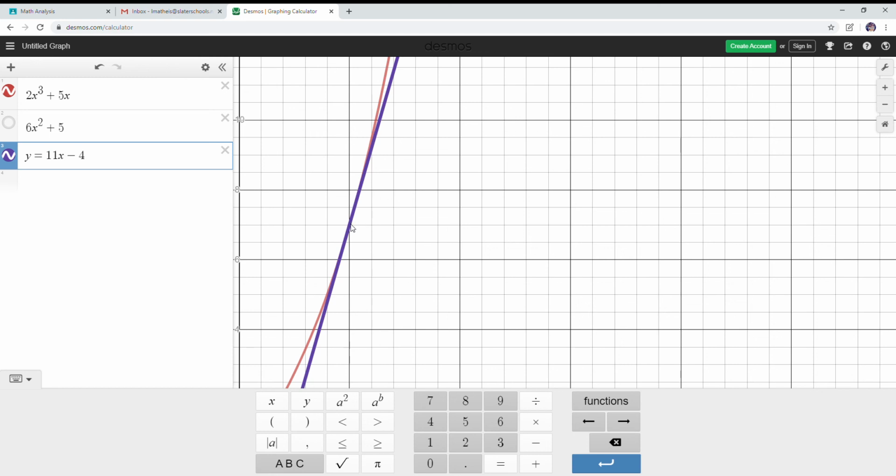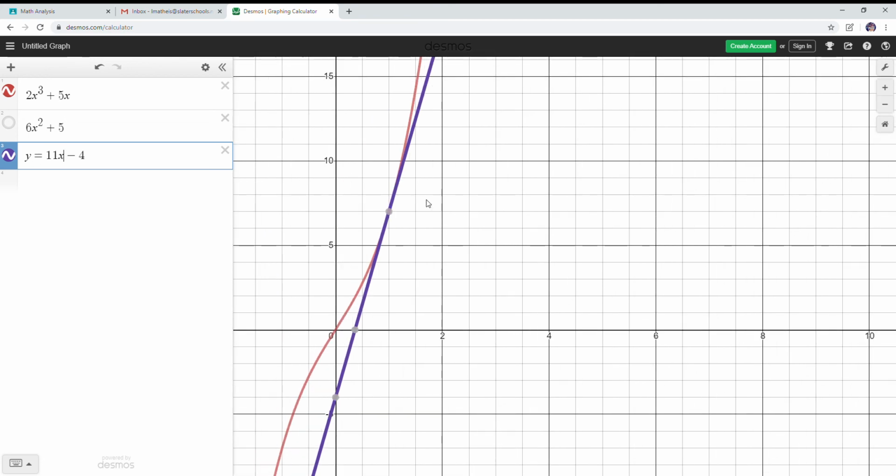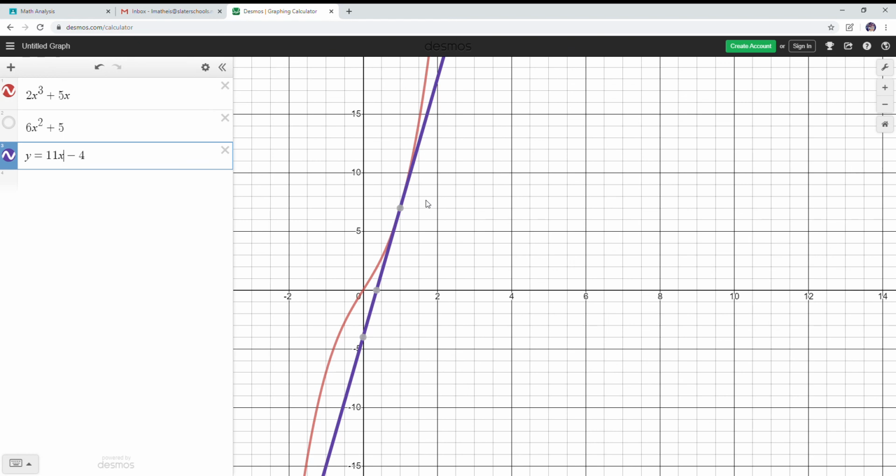So you can see this was our point. It very much has that look of crossing through it, and then you can see that the line strays away from the other parts of our function here. If we zoom out, you see it even a little bit better, where it continues to stay away from that line.